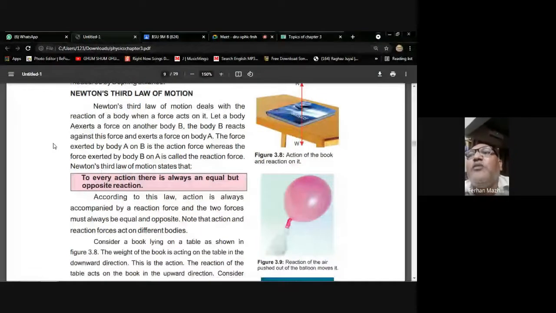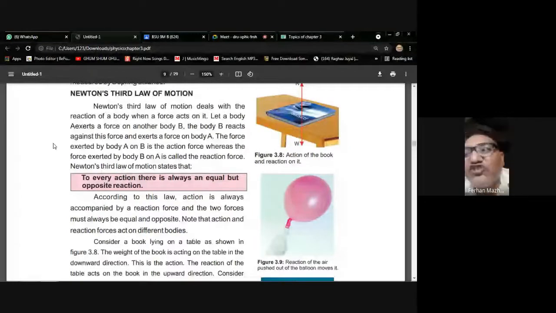Newton's third law of motion deals with the reaction of a body when a force acts on it. Let a body A exert a force on another body B. The body B reacts against this force and exerts a force on the body A. The force exerted by body A on B is the action force, whereas the force exerted by body B on A is called the reaction force.